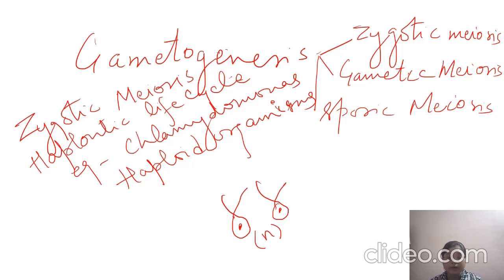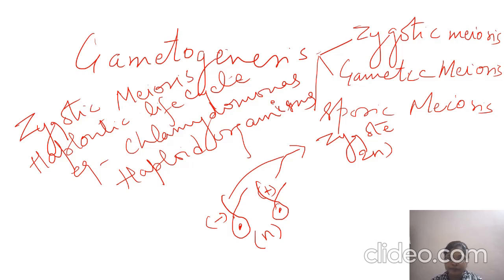Suppose this is the minus strain and this is the plus strain. These two different strains act as gametes and fuse together and form the zygote, which is 2n.